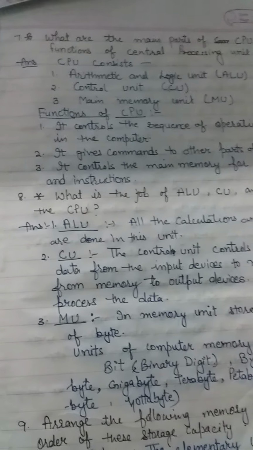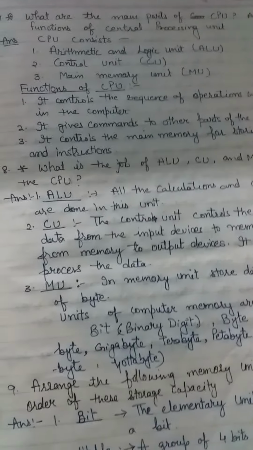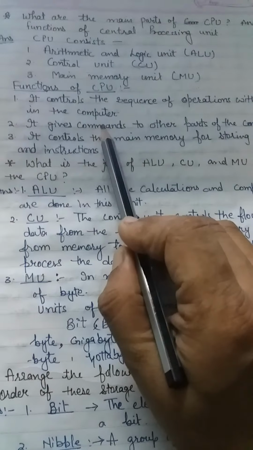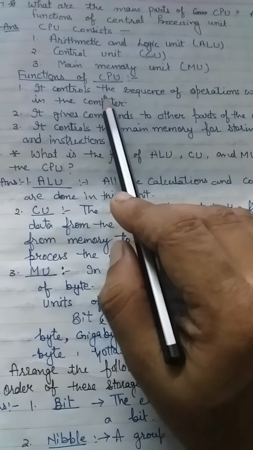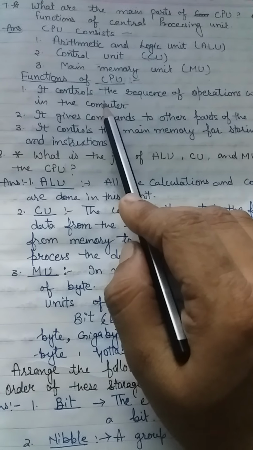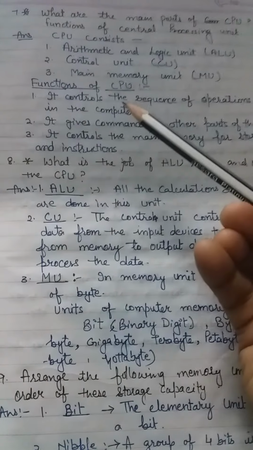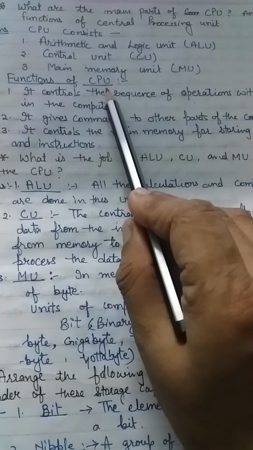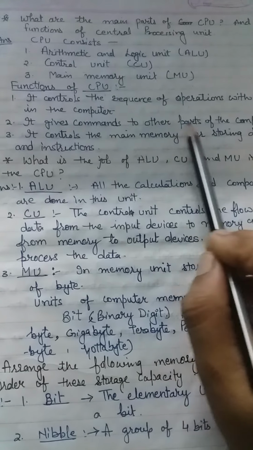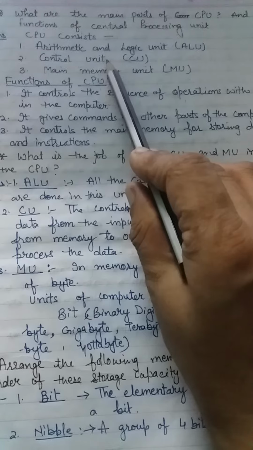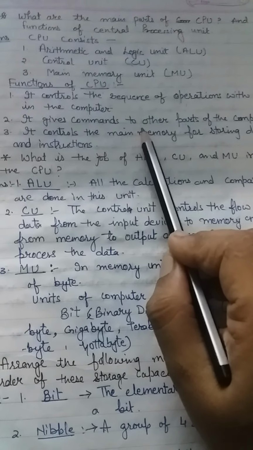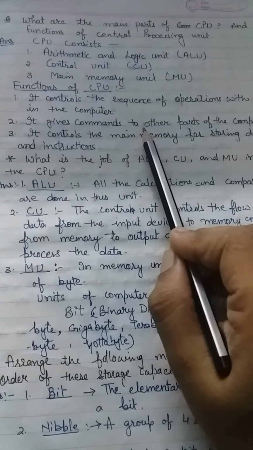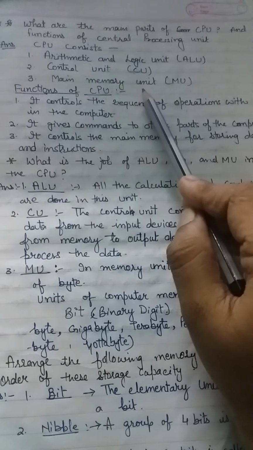And what is the function of the CPU? The function of the CPU is a sequence of operations within a computer. Many tasks are performed by the users, such as entering data or giving instructions to the computer, and the sequence of operations done by the CPU is controlled. It also gives commands to other parts through the CU, meaning commands are controlled and the flow of data is controlled by the CU and passed to the ALU and sometimes to the memory unit.